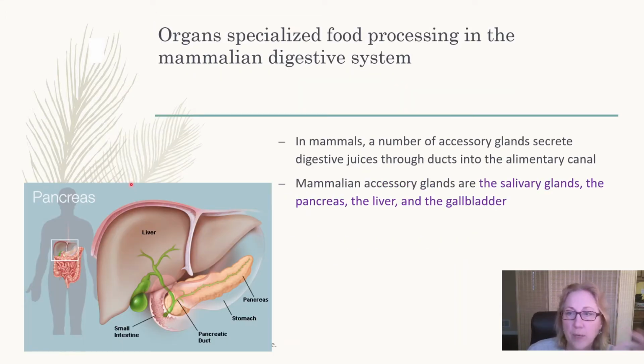And we have accessory glands that secrete these digestive enzymes. Some enzymes are secreted by the small intestine itself, but there are other digestive enzymes and liquids and acidifying agents that are secreted by other accessory glands.